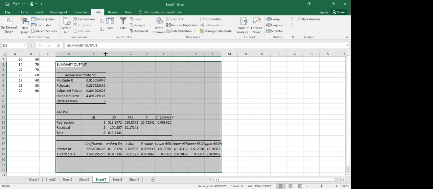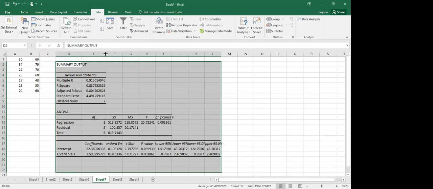And then the slope is the number that is in front of X. That is why we call it the coefficient of the X variable. It is also called the slope. And what is that slope? Is that 1.5999? Yes, we can round it up to 1.6. So this information is very useful in your quizzes, in your homework, in your test.